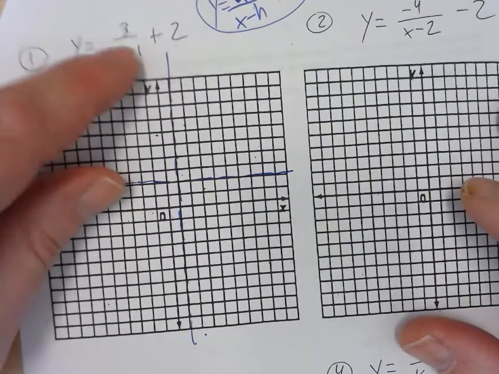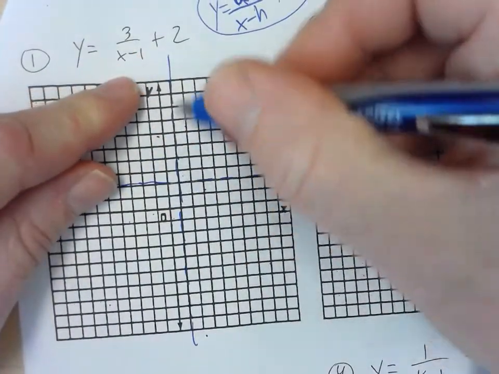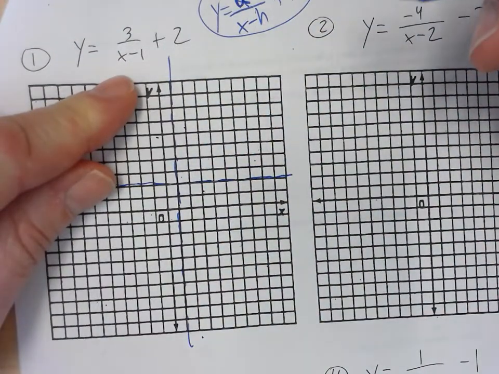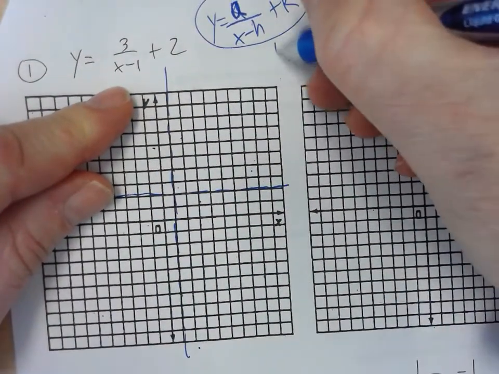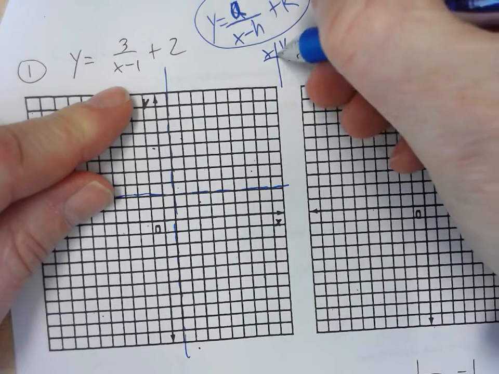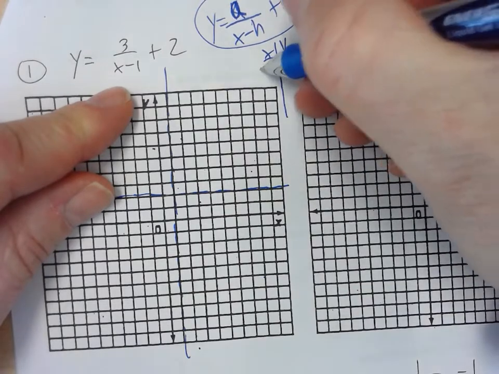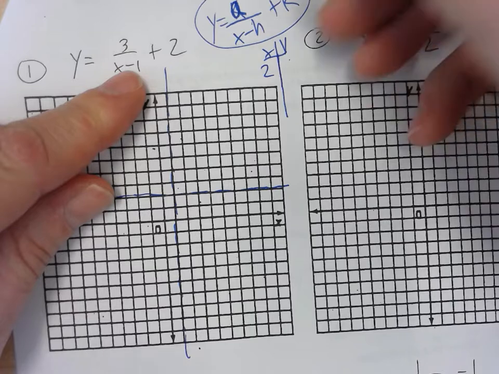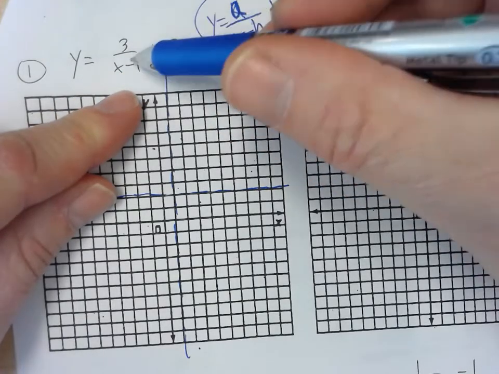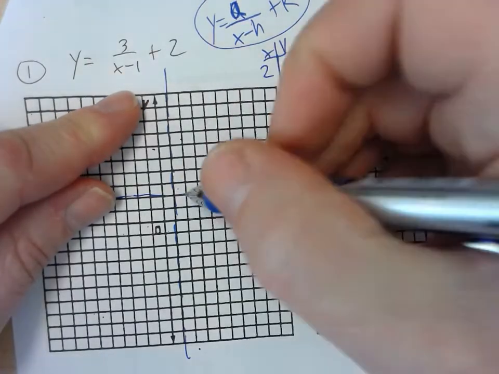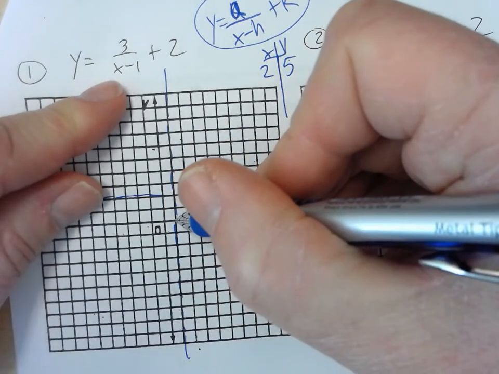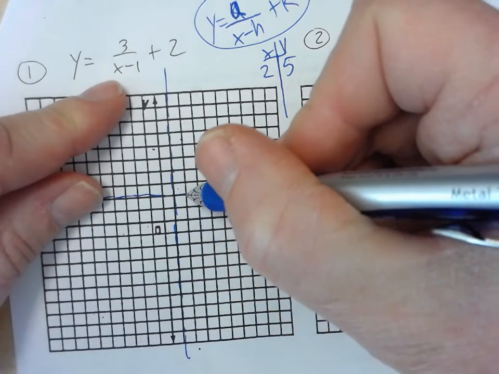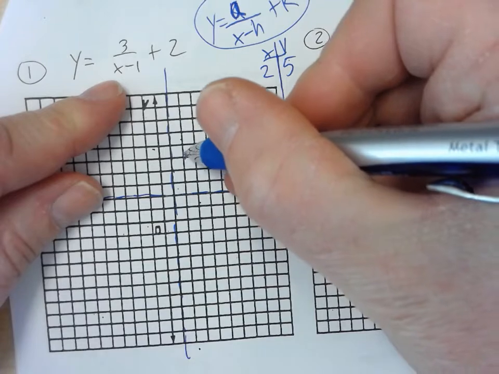Now I'm going to put numbers on each side of the vertical asymptote to tell what's going on here. My first point that I'm going to put in is 2. If I put 2 in, what do I get back? I should get 5 back, because that would be 1, that would be 3, 2 is 5, so 2, 5. So over 2, up 5, 1, 2, 3, 4, 5.